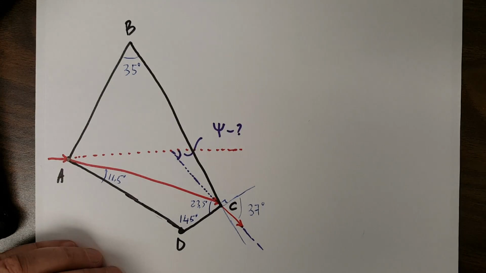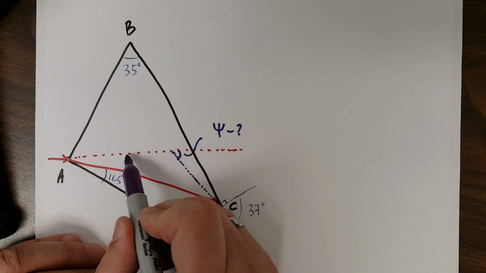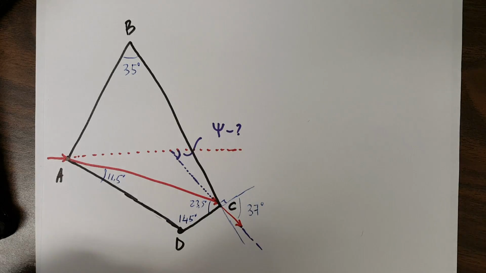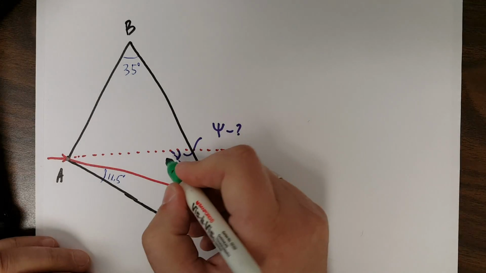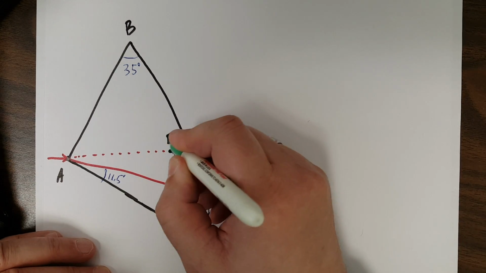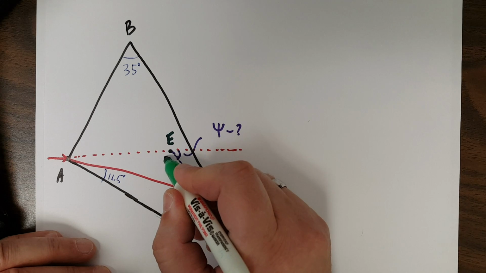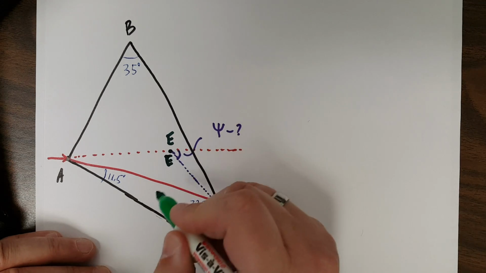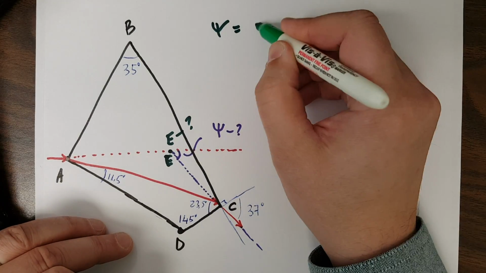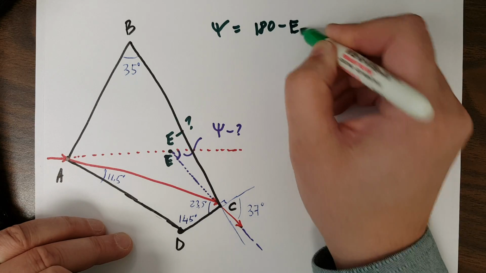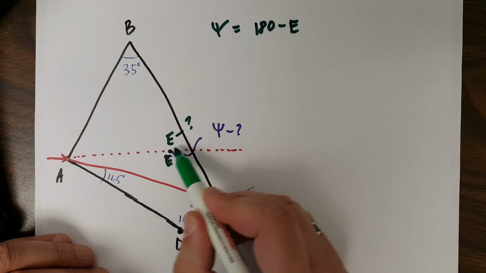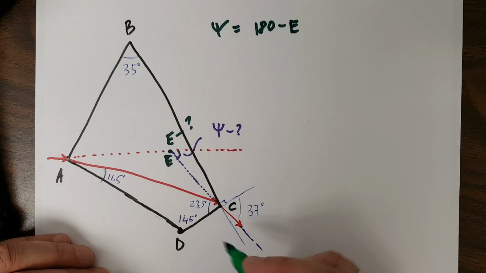Well, if we knew this angle, let's call it point E. If we knew this angle, psi would have been equal to 180 minus E. So this angle is a part of this triangle, AEC.